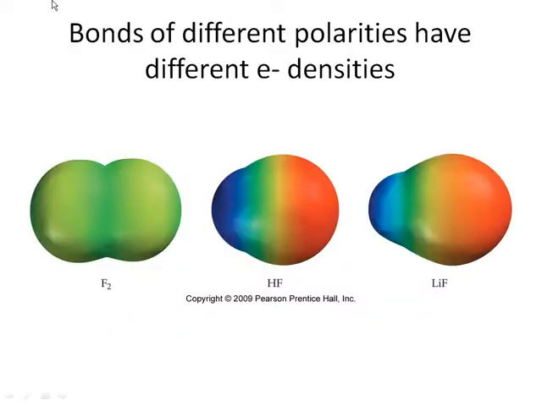Well, in terms of electron densities, we can look at, for instance, F2 here, and see that essentially I've got a fluorine atom here and a fluorine atom here, and my electron density is evenly distributed because both of them have the same electronegativity. If, however, I replace one of those fluorines with a hydrogen, hydrogen has a vastly different electronegativity than fluorine, now we start to see some difference in electronegativities building up, and so a difference in how the electrons are shared.